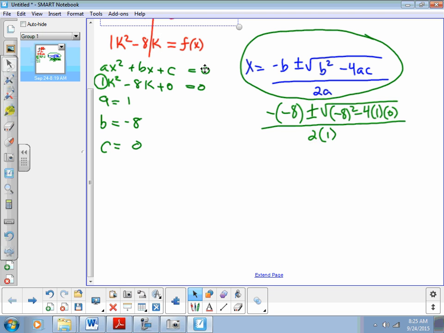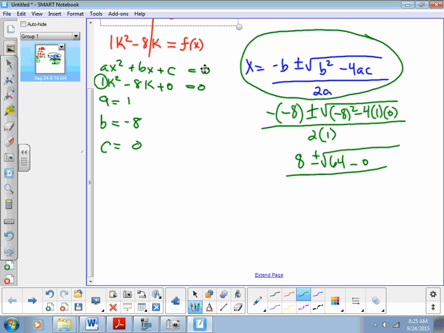Okay. So does everybody see that the -8 is a +8 now? And we get a plus or minus square root of 64 minus 0. Everybody see that? 64 minus 0. Everything is all over 2.